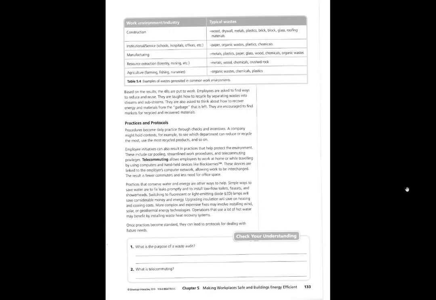Agriculture, farming, fishing, which we know is aquaculture, if you recall from our lessons on that. Nurseries, they don't mean for little kids, they mean nurseries where you're growing plants. They have organic waste, okay? And remember, we talked about farms having leftover crops, the leftover material from when you've gone through and taken out the crop you want, like wheat.